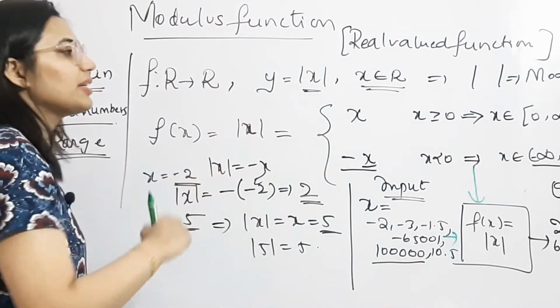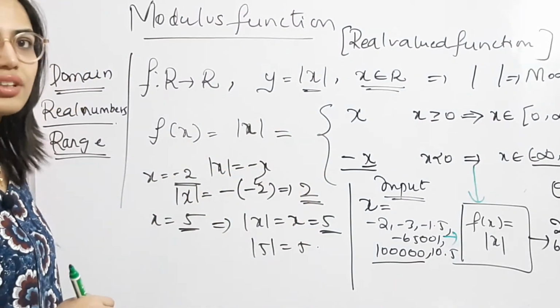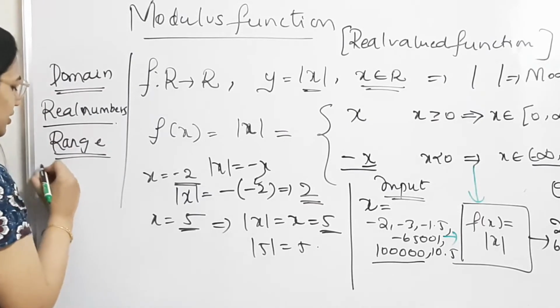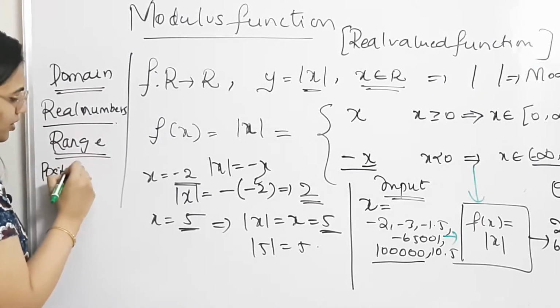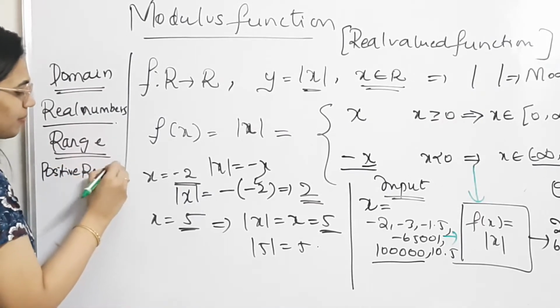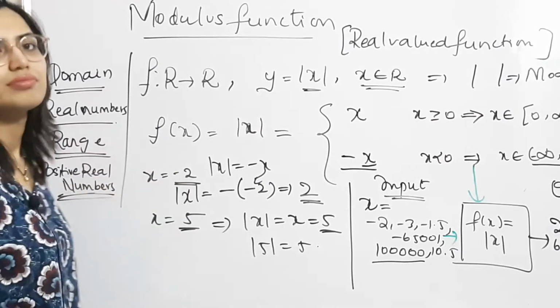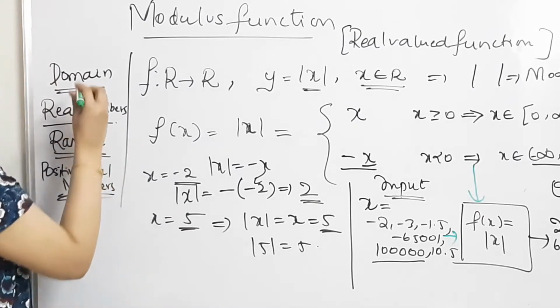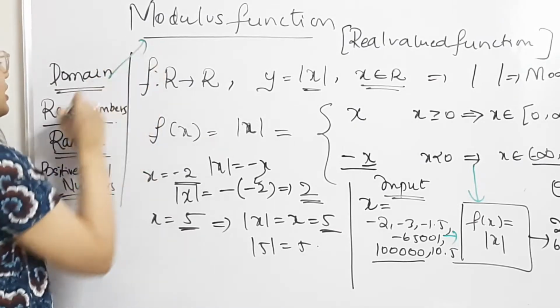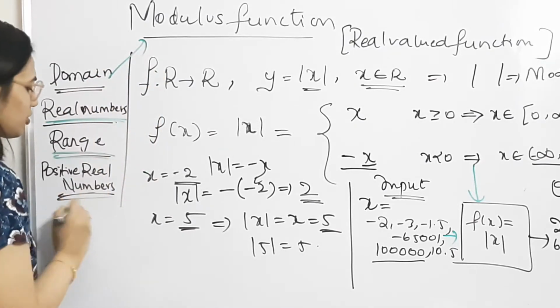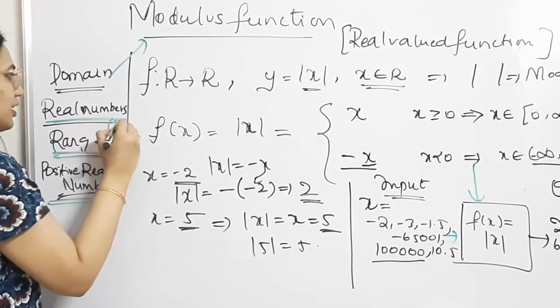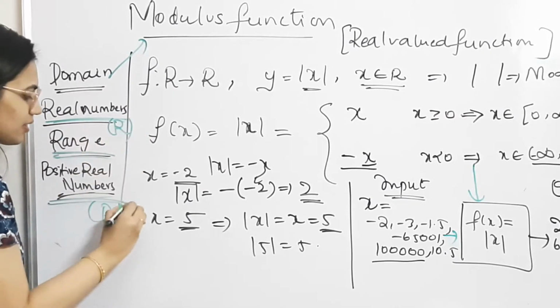So in this case, the output will be positive real numbers. That's it. So the domain of the modulus function is real numbers, and the range of the modulus function is positive real numbers. So this is R and this is R plus.